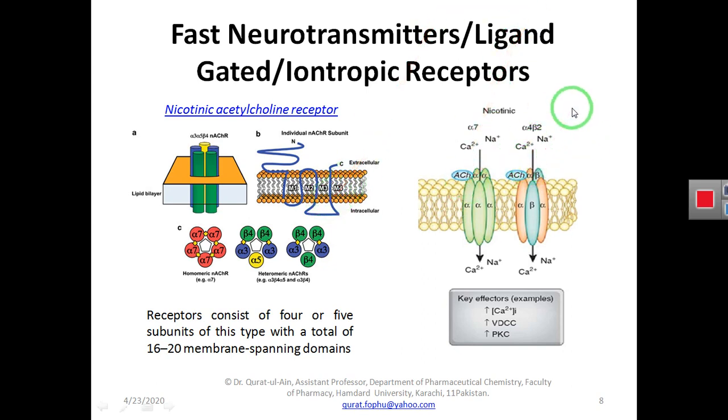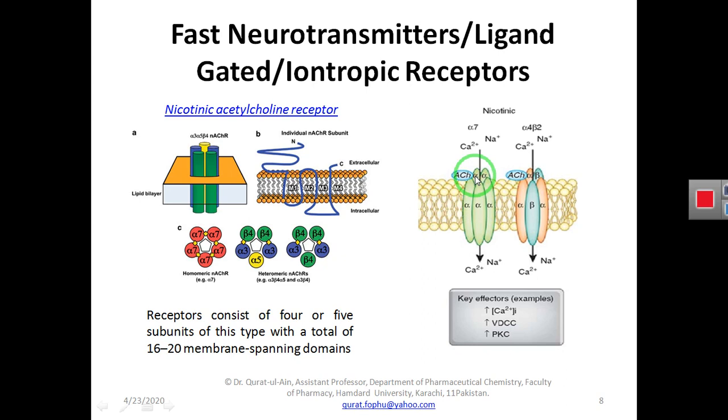Now how do they work? In this case, what is the ligand here? Acetylcholine. We have to remember that for all these ionotropic receptors, or ligand-gated ion channels, or fast-acting neurotransmitter receptors, the ligand must bind with two subunits of the receptor.